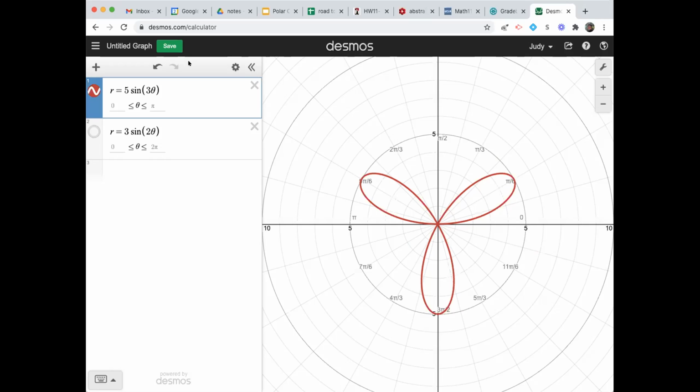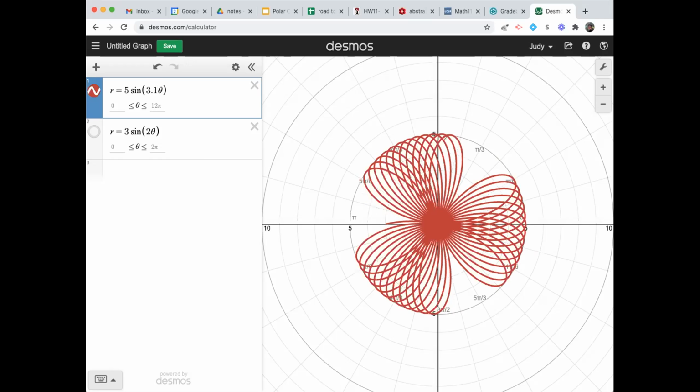Well, Yitan, I think that would be a really great thing to play around with. How do you offset them so you can see all more petals, okay? 3.1. Whoa. So maybe Yitan, that sort of answers your question about what happens to offset some of those, okay?